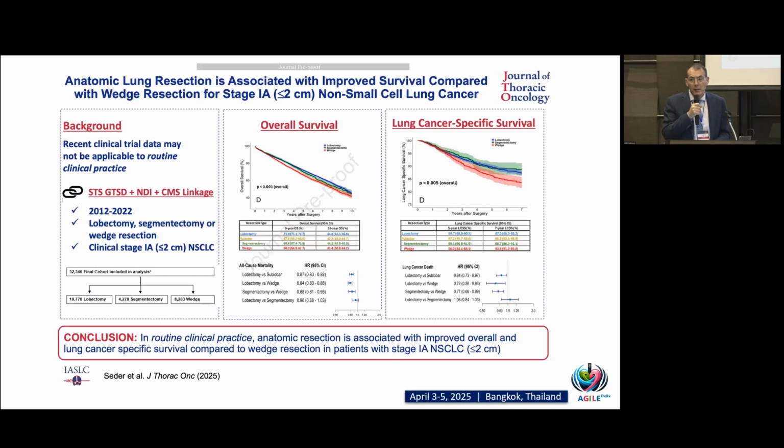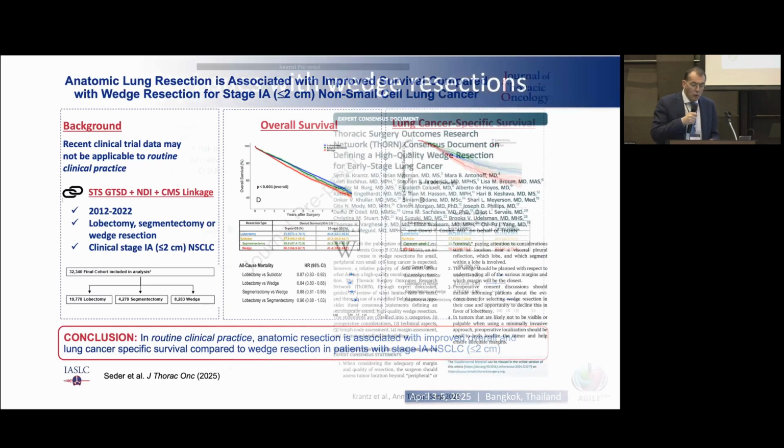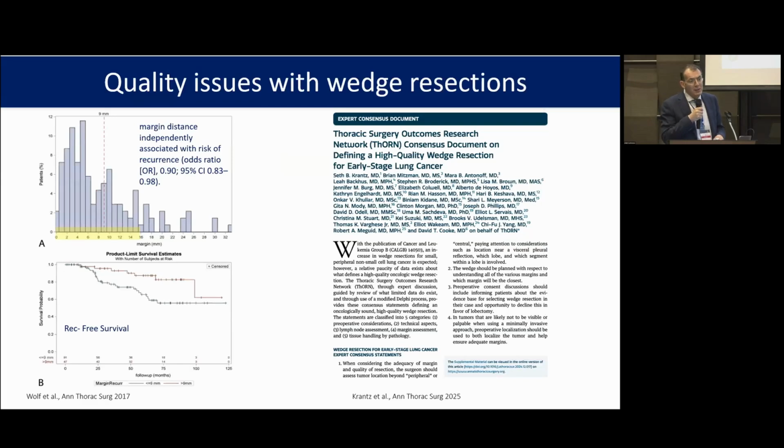Segmentectomy and lobectomy are grouped together, but wedge resection yields inferior results. So there may be some quality issues with wedge resections that lead to higher recurrence rate, and there has been an attempt to standardize how wedge resection should be done, because what counts is you get clear margins.